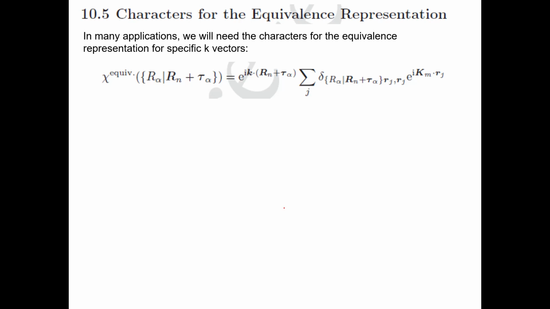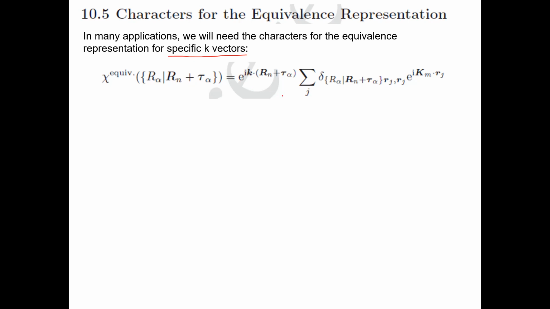In general, for some applications, and we are going to see that in the future, we need to define a more general equivalence representation that is specific for certain k vectors. And this is a definition of the characters for this equivalence representation.